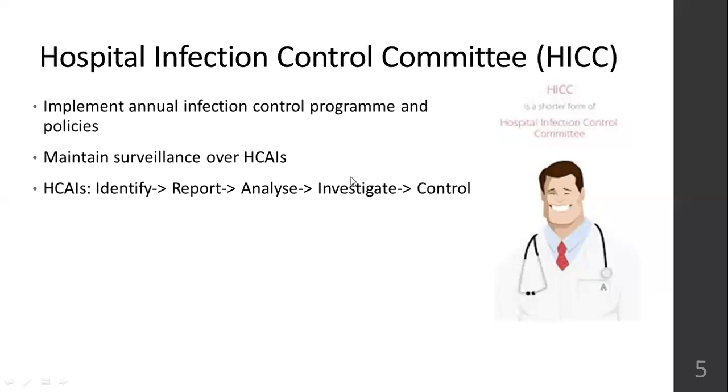When it comes to healthcare associated infections, you have to identify, report, analyze, investigate, control. Identify first: find out what type, what are the signs and symptoms. Signs and symptoms are the first telltale signs that something is wrong, so correct and timely identification has to be done.